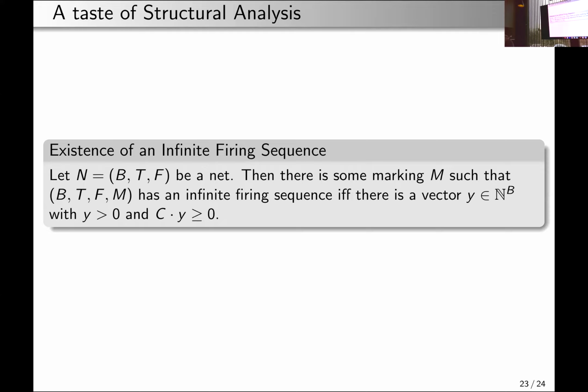And I didn't go any further, but indeed, this goes very deep. It's what we call structural analysis, and it goes into place invariants, transition invariants. What do they tell you about the system? What do they tell you about the graph structure? What do they tell you about the behavior?